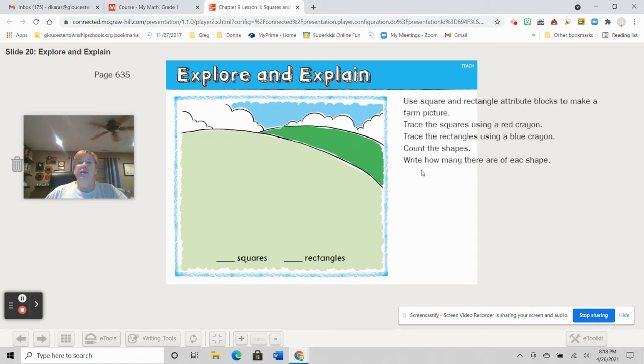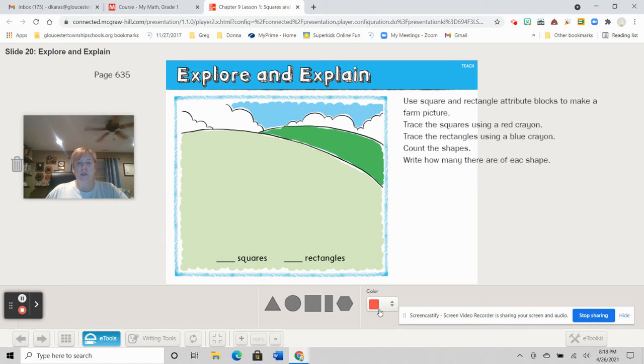And then write how many there are of each shape. Oh, there should be an H there, sorry. So let's look and see. Here's some attribute blocks. For instance, if I were to take this square, I could put it here, okay? And then it said a rectangle. So now my rectangle, I'm going to just make blue because I'm not tracing it. So I could do a blue one here.